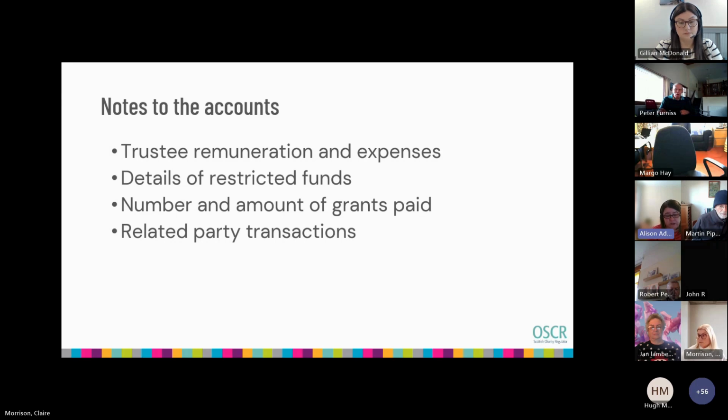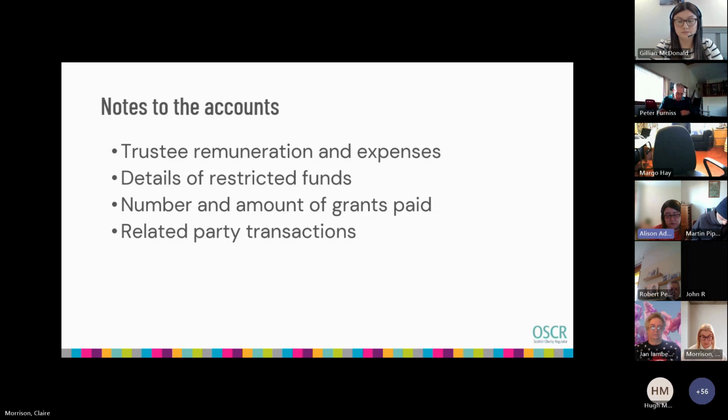There must be information about the amount of remuneration paid to a charity trustee or person connected to a charity trustee. Any remuneration paid must be in accordance with the 2005 Act, and the note must specify the authority under which the remuneration was paid.